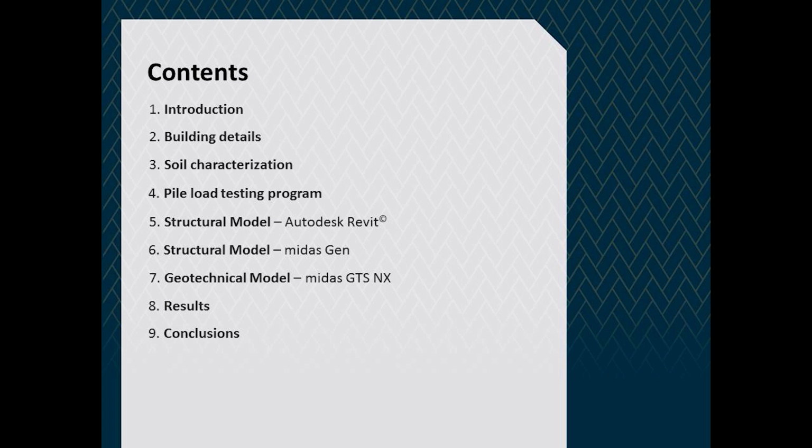So we start with the structural model in Autodesk Revit, then we go to the structural model in MIDAS Gen, and finally to the geotechnical model and the full model in MIDAS GTS NX. And we go to some results and some brief conclusions that we have about this job.